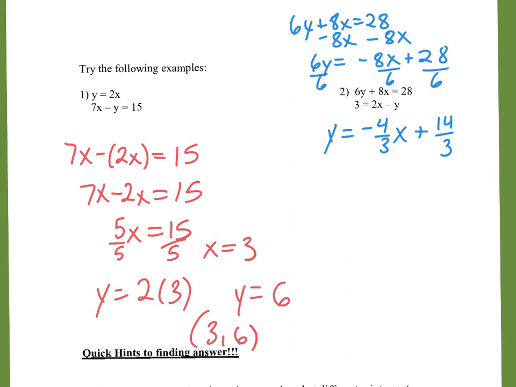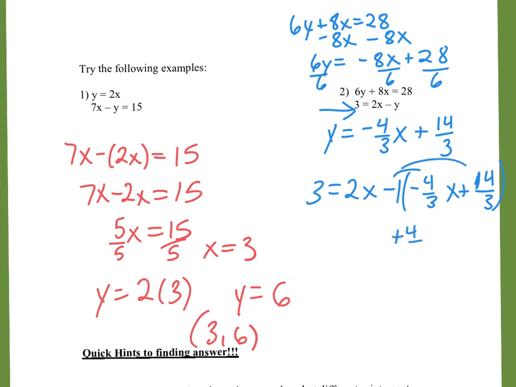Next up, I've got to plug that in for y in the next equation. So 3 equals 2x minus a negative 4/3 x plus 14/3. Parentheses come first. So this negative 1 becomes plus 4/3 x minus 14/3. A 2x here.